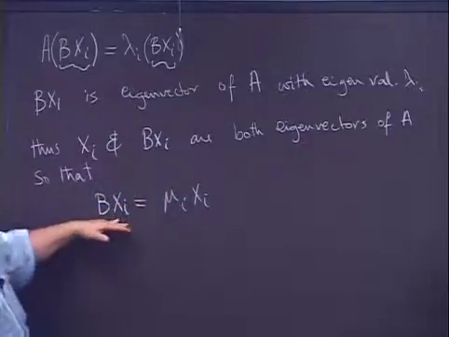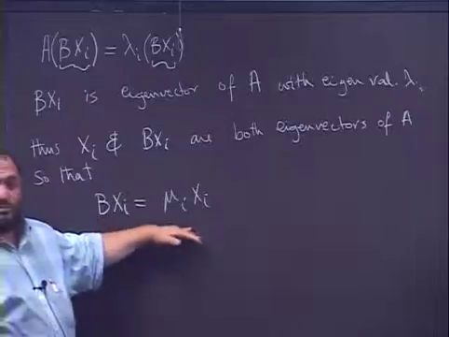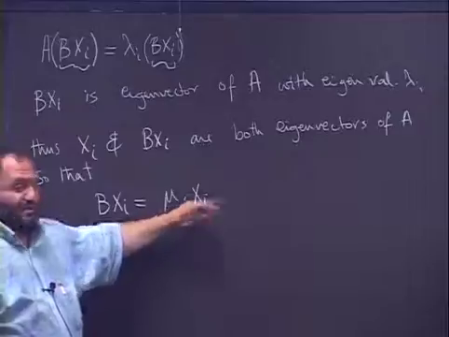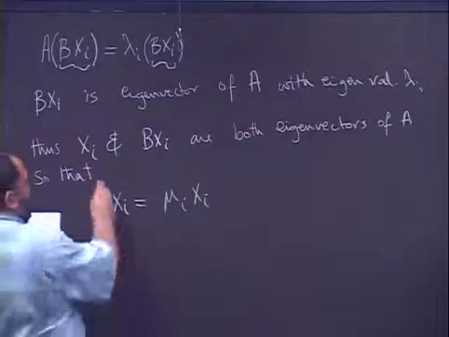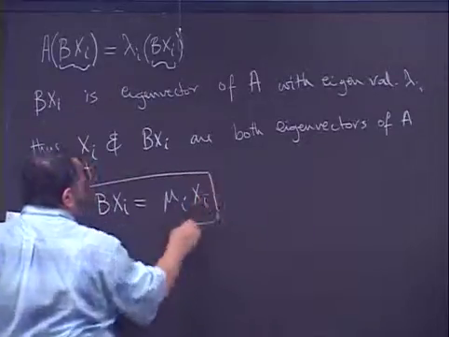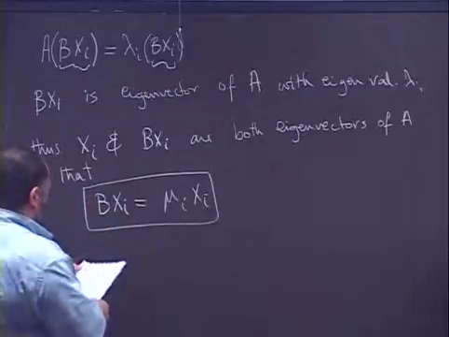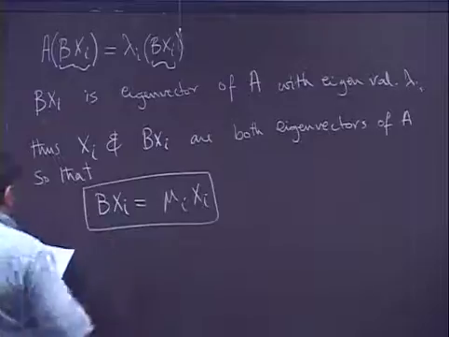So we can write B Xi equal to some constants or some eigenvalues here, mu i, Xi. And this is again an eigenvalue problem.